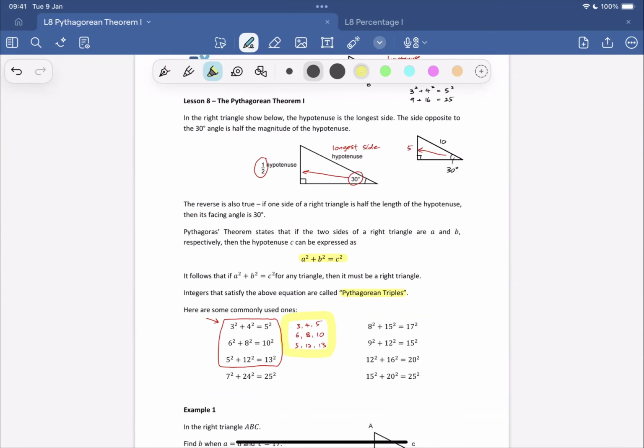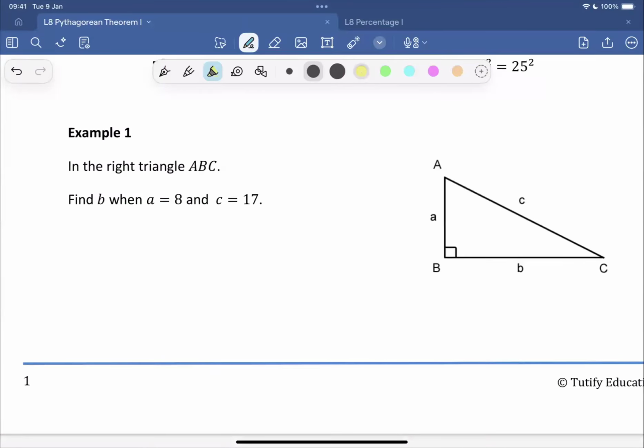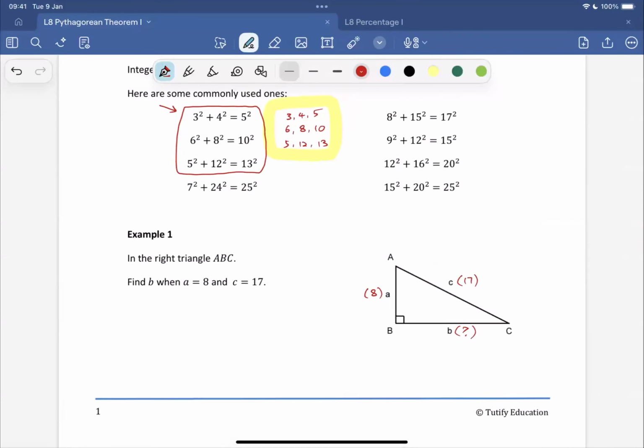Okay, are we ready to start trying some examples? Let's start with the very first example, okay? Okay, students, they say that the length of A is 8. The length of C is 17. And they're asking you, what is the length of B? Come, everybody, look at your Pythagorean triples.